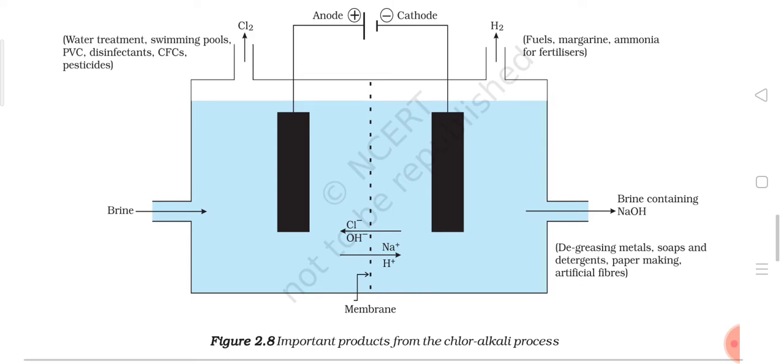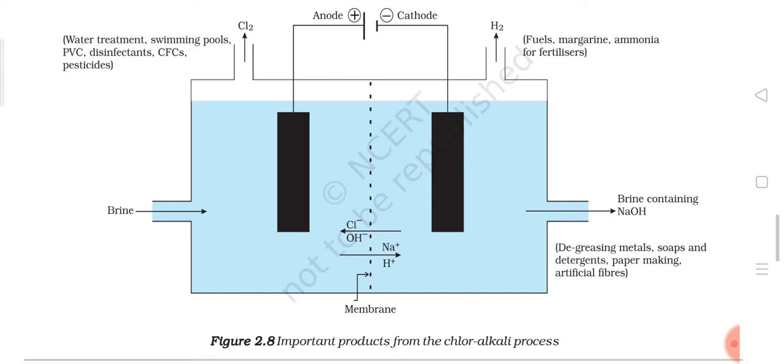Then the blue colored part, as you can see, is representing the electrolyte. So our electrolyte here in this case is brine. As you can see, they have shown brine on the left part. That means there is some source where brine is getting prepared, and that brine is directly filled in this electrolytic tank. Now on the right side, or you can say on the side of the cathode, they have represented brine containing NaOH.